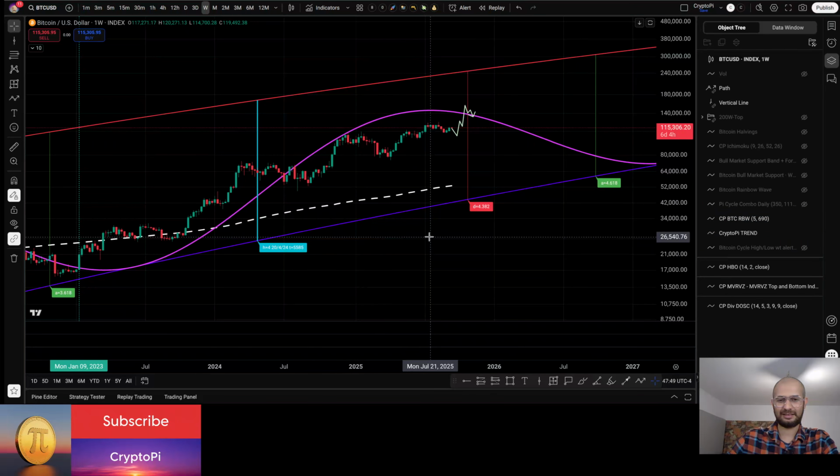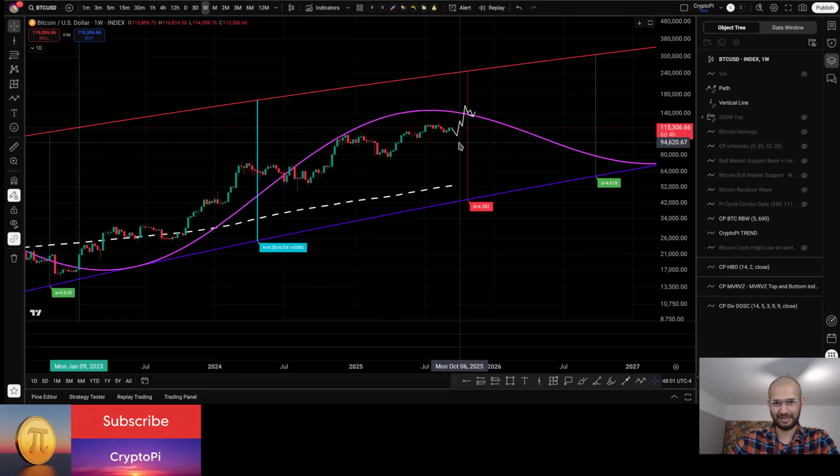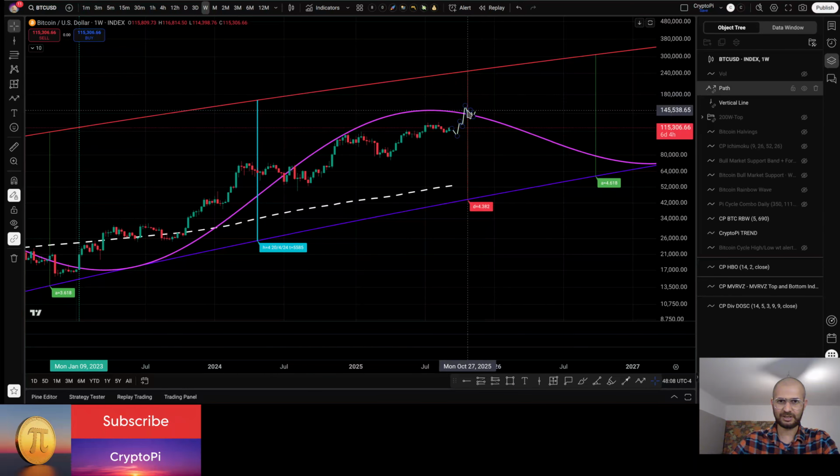And that's my idea. If I'm wrong, then I'm wrong, but I would be happy to be more realistic than imagining that this cycle is different and it will go to crazy highs. If it finds a support here and I start seeing that the strength is still there and we won't see a bear market, then basically this rainbow wave model fails.